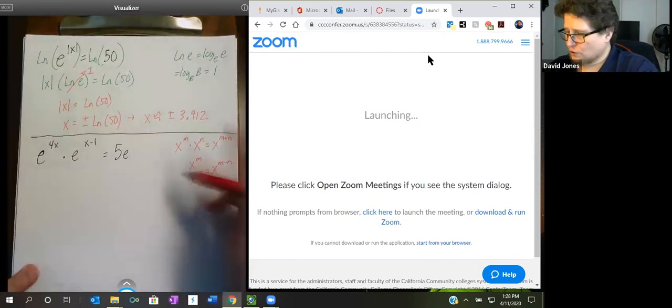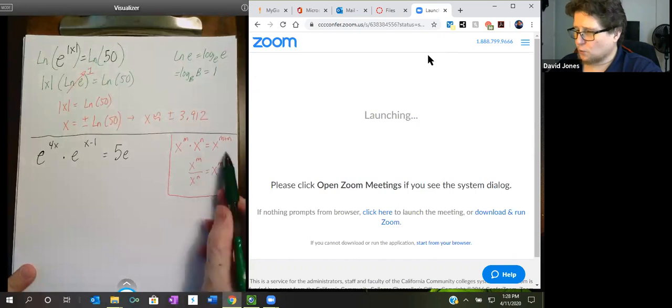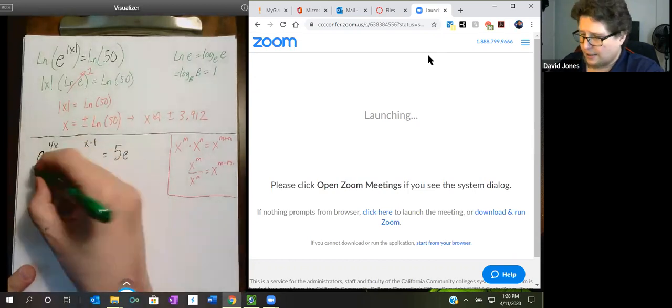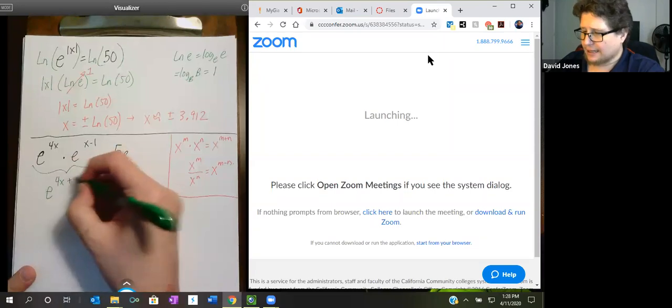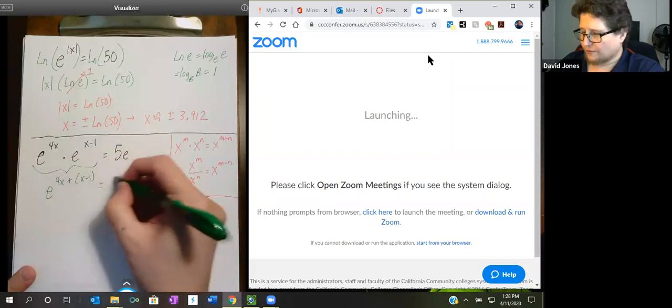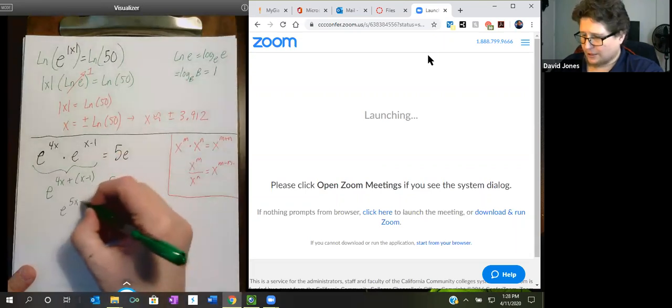So we're going to use those rules right now. The first thing we're going to do, we'll use the multiplication one to add these exponents. This turns into e to the 4x plus x minus 1 equals 5e, which is e to the 5x minus 1 equals 5e.